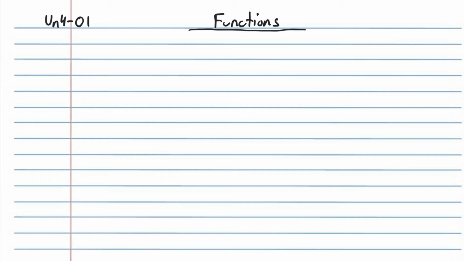So the first thing you need to know is that a function, the actual definition, is a relationship between two different variables. And that's what makes things different than the stuff we did last semester.